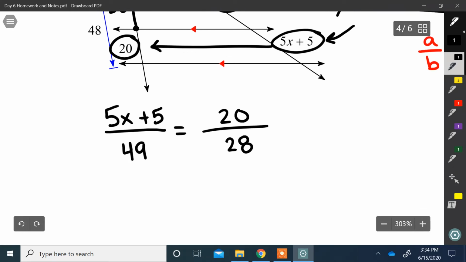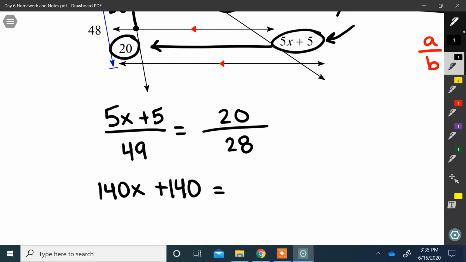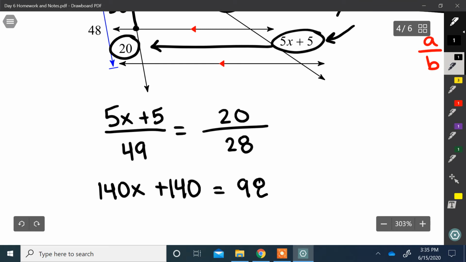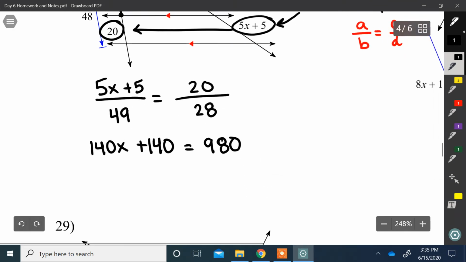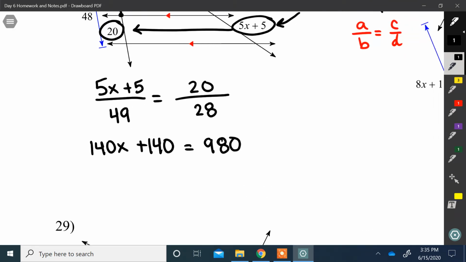Go ahead and cross multiply. 28 times 5 should be 140, and then 28 times 5 should be 140 as well there. And then we have 49 times 20. Notice I do a lot of this stuff on the calculator. That's fine if you do that as well. So 980 minus 140 is 840.